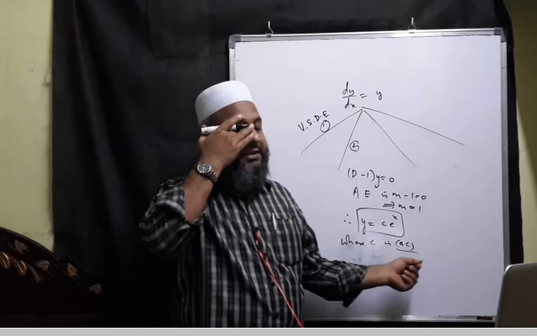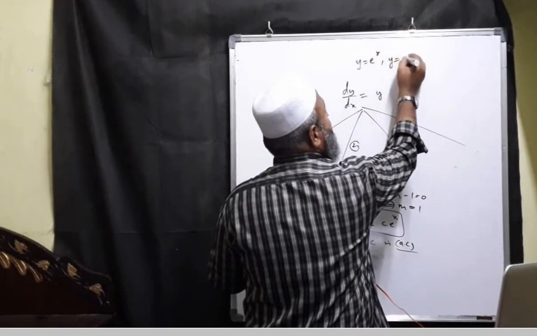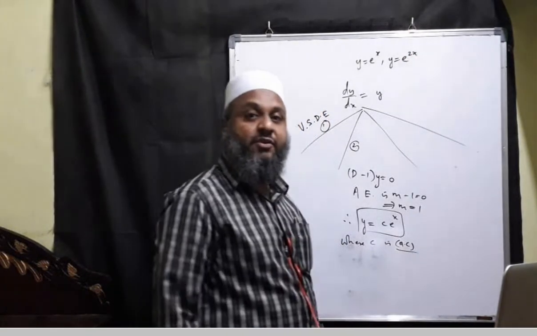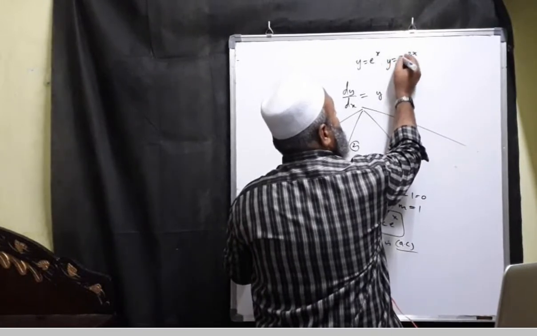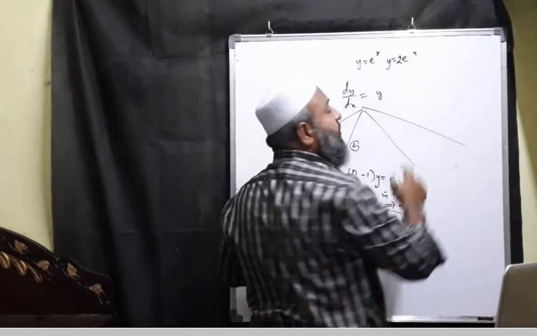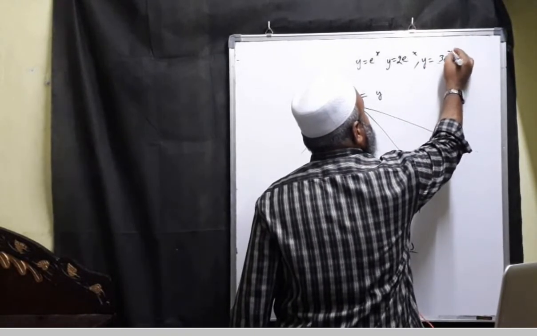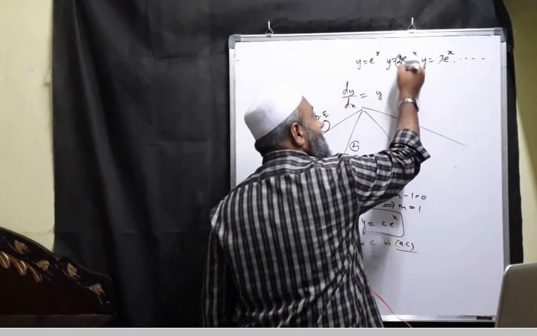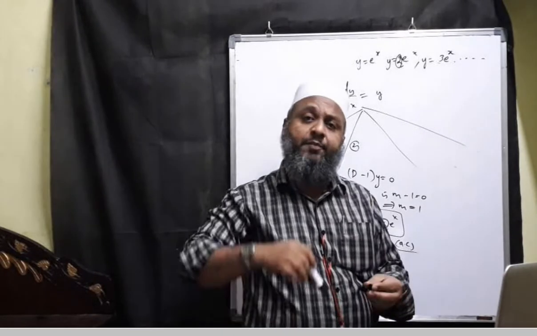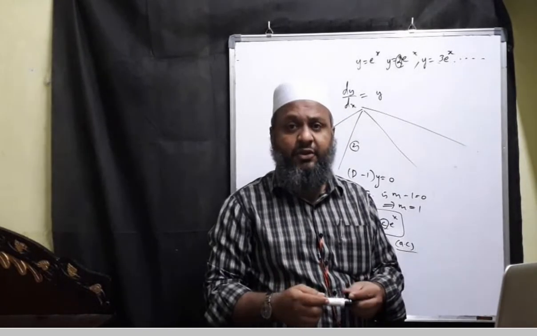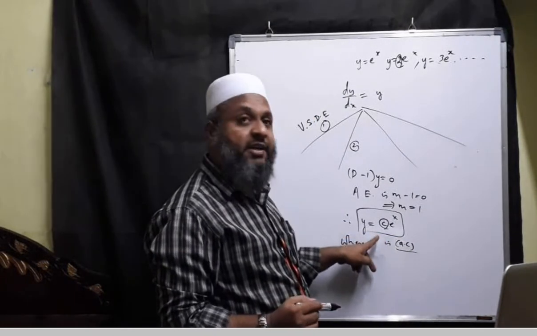Just now I have shown you that y equal to e to the power of x is a solution, and y equal to 2 into e to the power of x, y equal to 3 into e to the power of x, and so on. In short, this number c is written as the arbitrary constant. It can be a fraction, a negative number, or also 0. So you get an infinite number of solutions, and this is called the general solution.